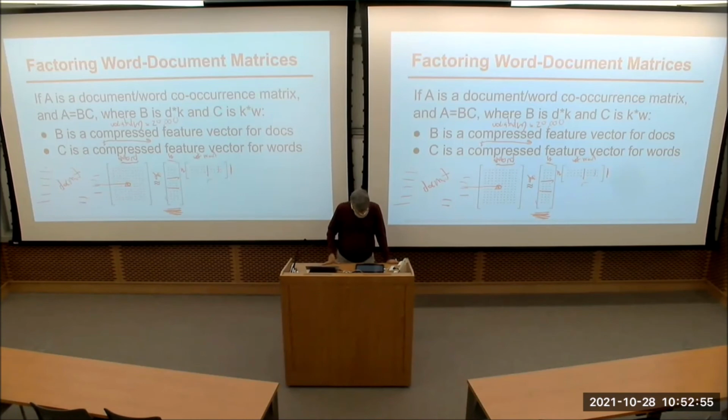Okay? So if you believe that, it should be clear that this idea of factoring matrices is a way of taking a feature matrix and compressing it into a lower dimensional representation, okay? And finding good lower dimensional representations of high dimensional data sets is a very useful thing to do.